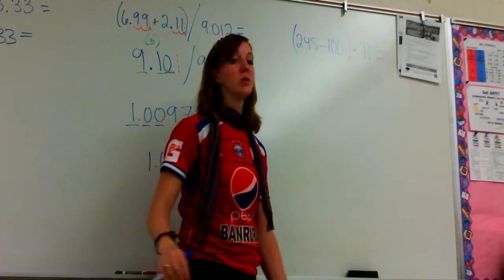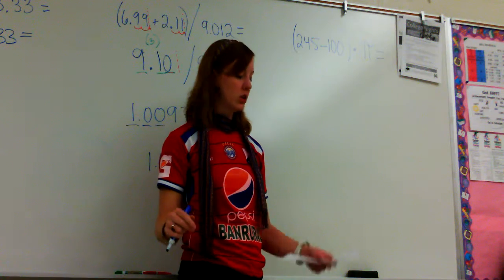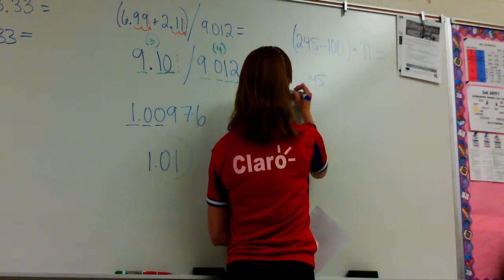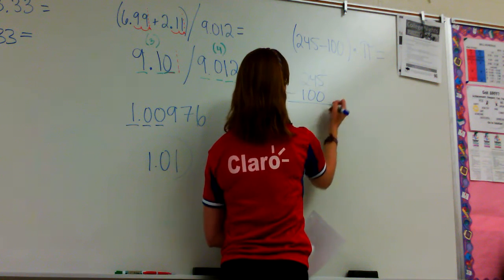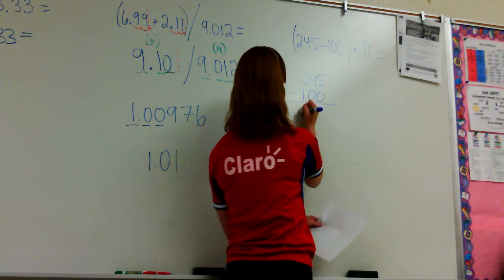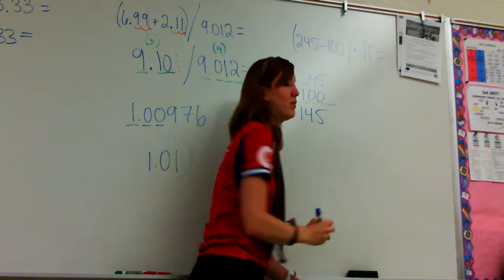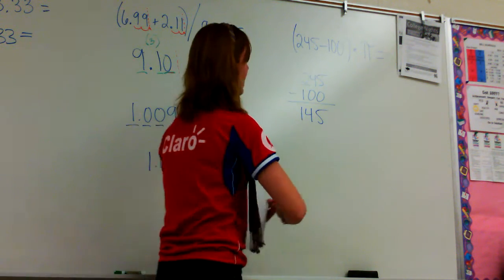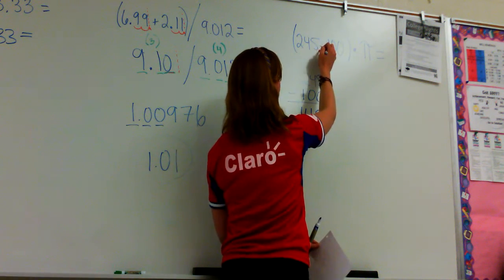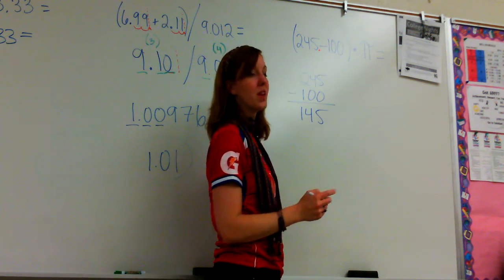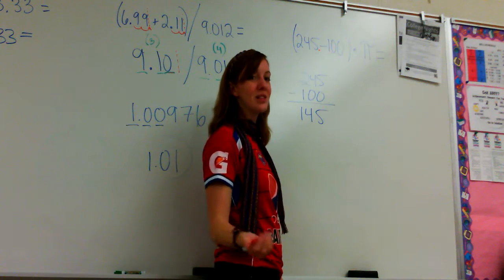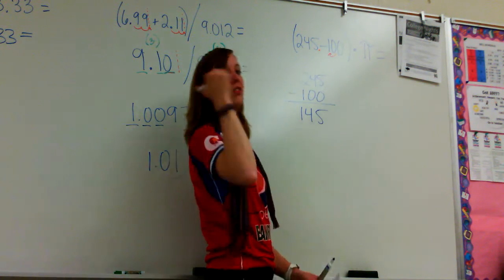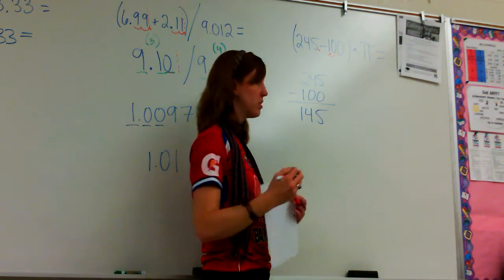Finally here, I'm going to use the rules of subtraction. 245 minus 100 equals 145. I could have done that. But there's a problem here. Look, this goes all the way to the decimal point. 100 does not. It's actually all the way over here at the hundreds place before the decimal.